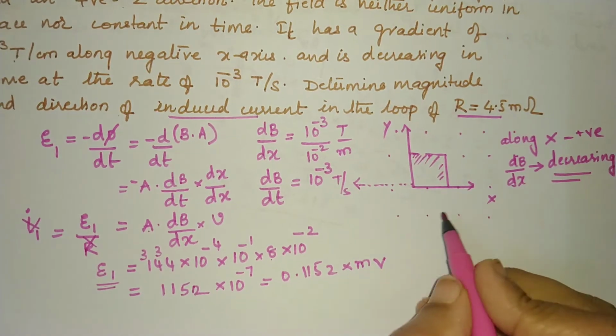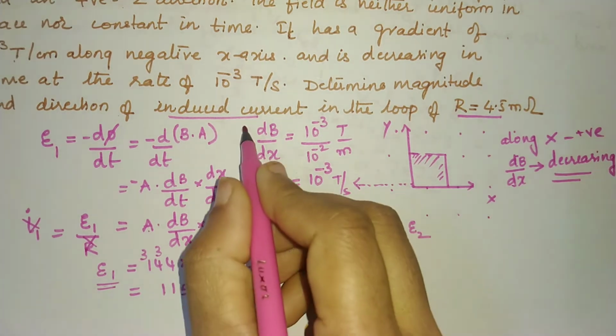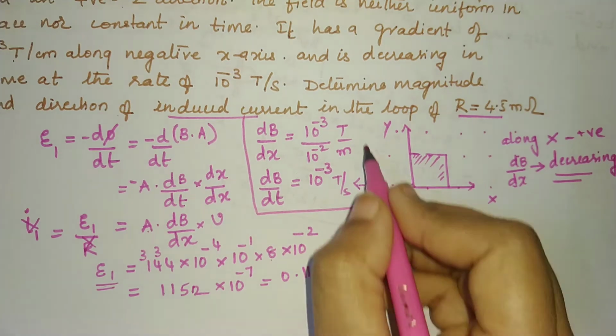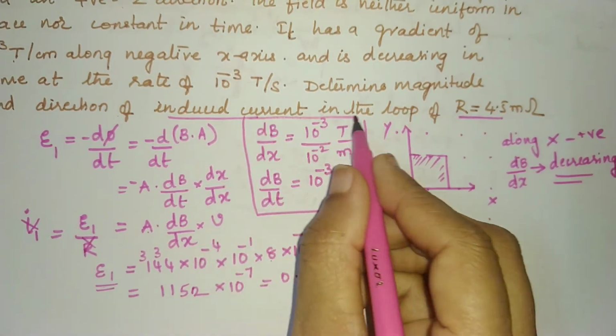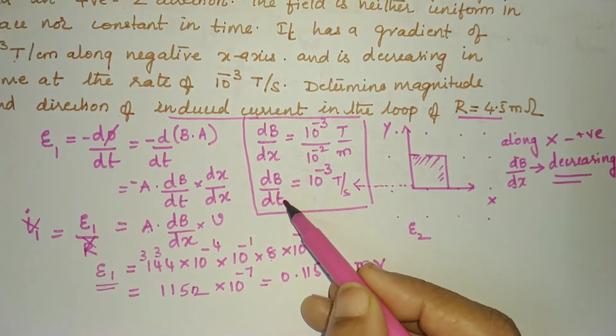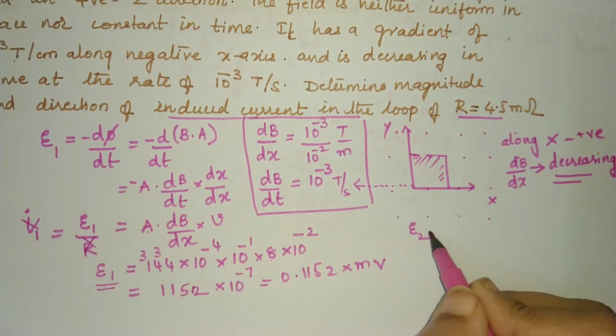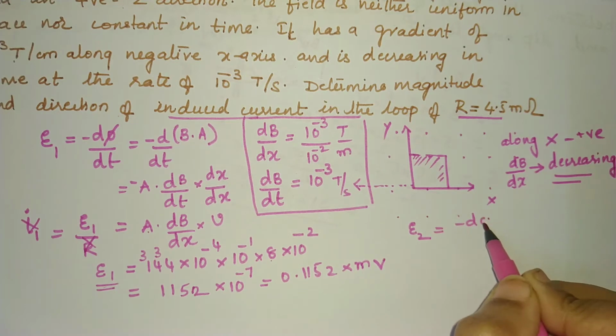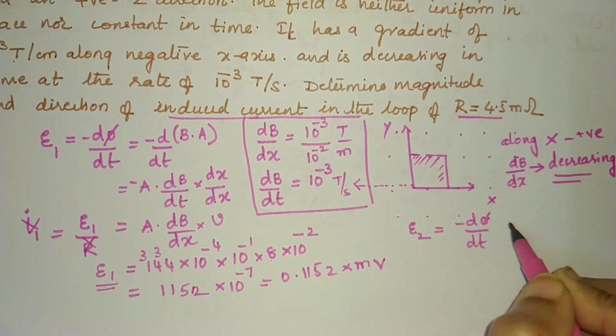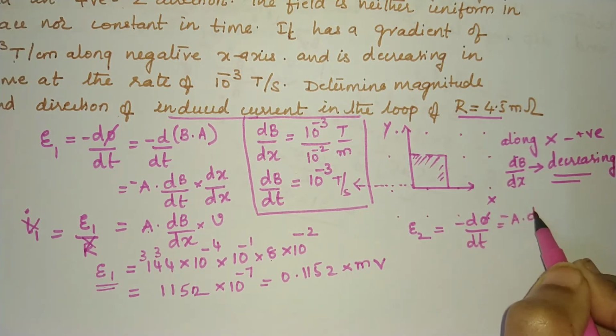Now look at the EMF induced due to variation of magnetic field with time. So two EMFs I am calculating. One due to dB/dx, another due to change in magnetic field because of time. So E2, if I write it as minus dφ/dt, this is nothing but minus of A into dB/dt.